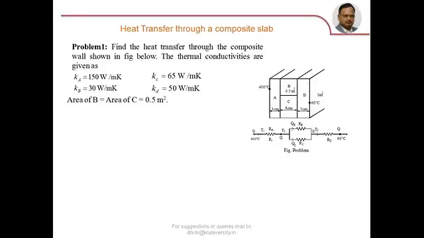So if you carefully observe, RA and RB, RC are parallel, in series with RD. The temperature before the resistance A is 400, that is at this point, and the temperature after the resistance D is 60 degrees.